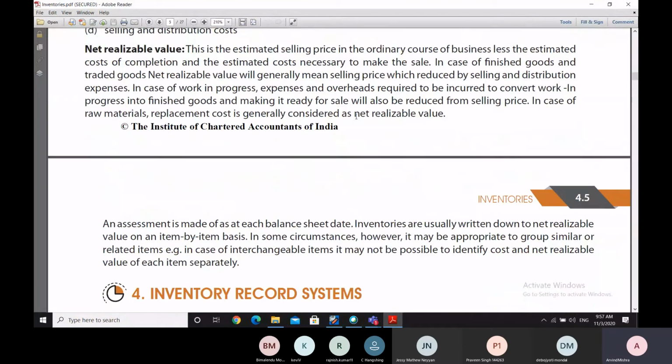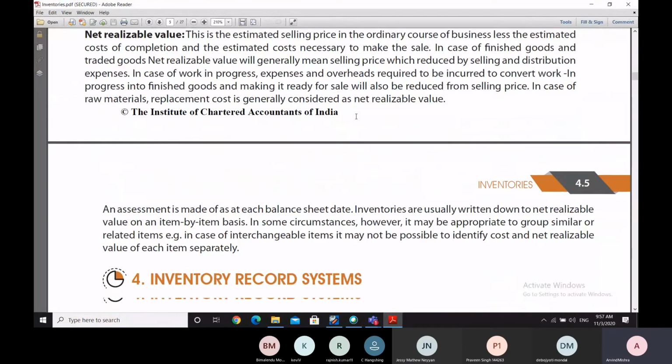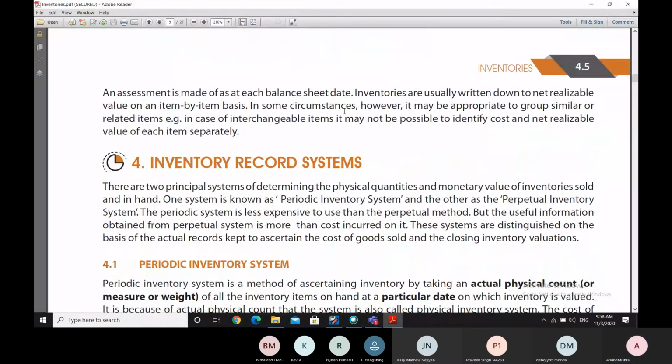So therefore, having understood net realizable value, we have to make an assessment for the balance sheet date of the inventory. So the inventories are usually written down to the net realizable value on an item by item basis for the balance sheet date.